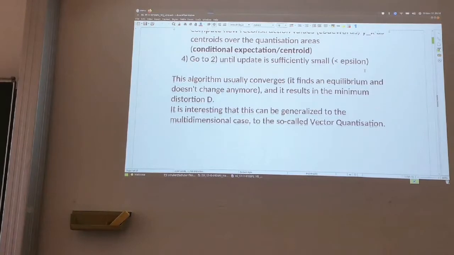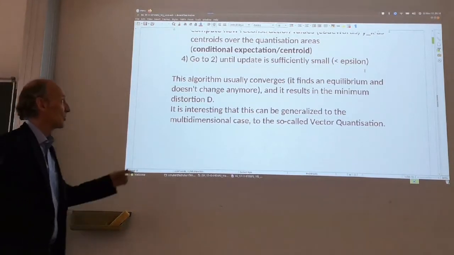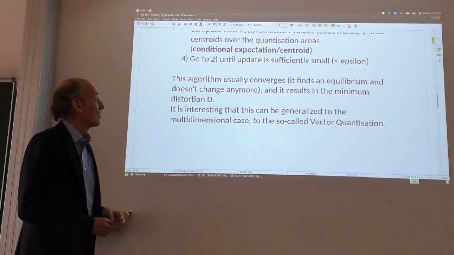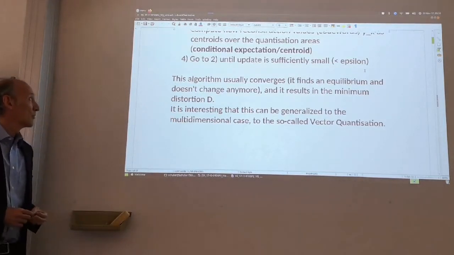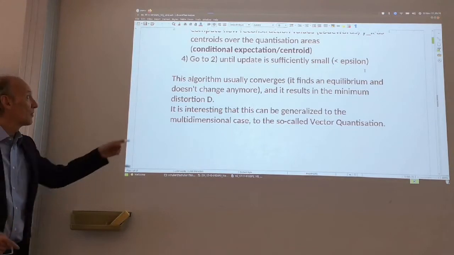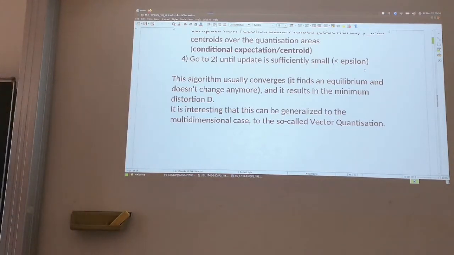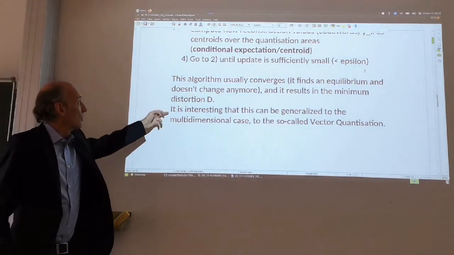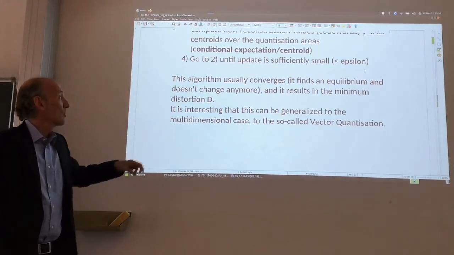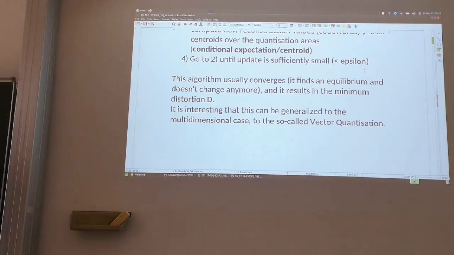So this algorithm usually converges. Depends on the PDF, but usually it does converge, and it finds in this way an equilibrium which doesn't change anymore. And this results in the minimum expected distortion D. So it's interesting that this can be generalized to the multidimensional case, the so-called vector quantization.